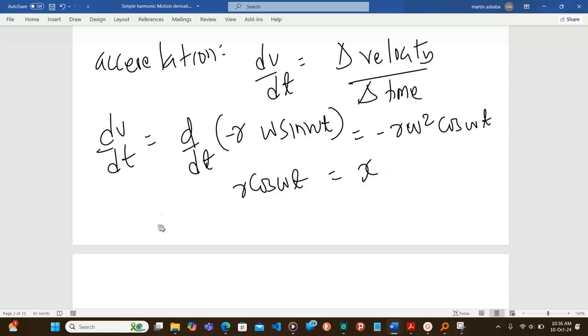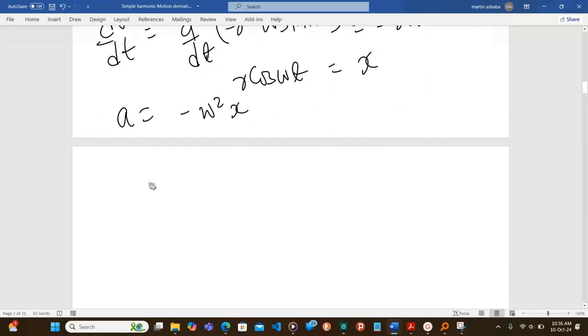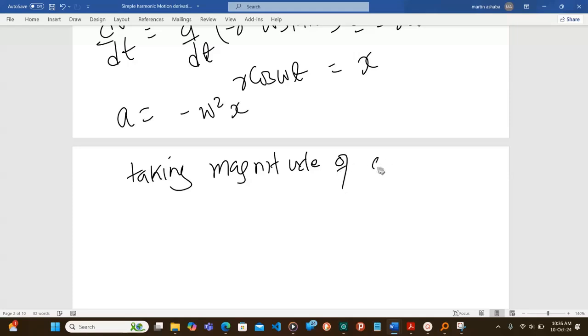So acceleration will always equal negative omega squared times x. If I also take the magnitude, then our acceleration will always be omega squared x.